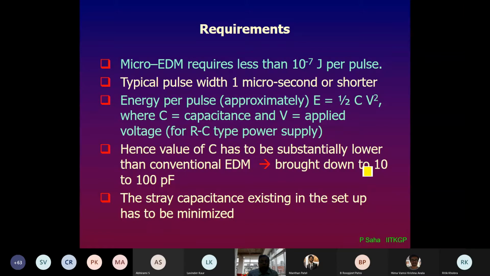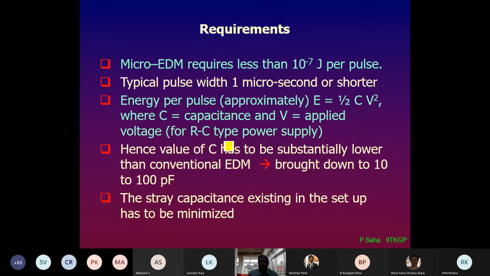So how can you calculate the energy per pulse approximately? Suppose you are using a condenser in the discharge circuit, just like an RC circuit. There will be a charging time, then a discharging time.